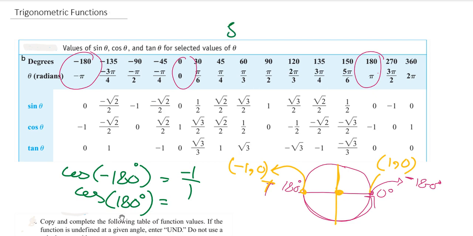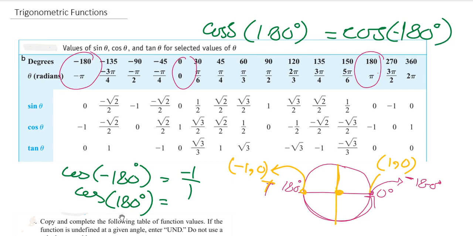But in cos we can write in this form that cos of negative and positive, they both are equal to each other. It doesn't get affected by any sign. Okay, but we still get the exact same value for cos negative 180 degree. So like this, we get these three values over here.